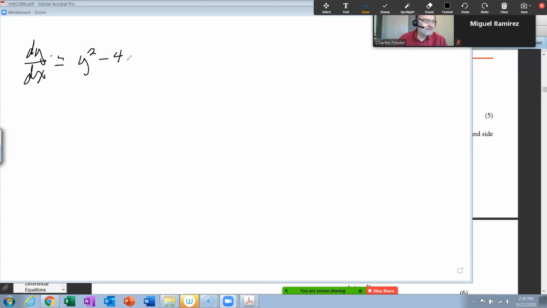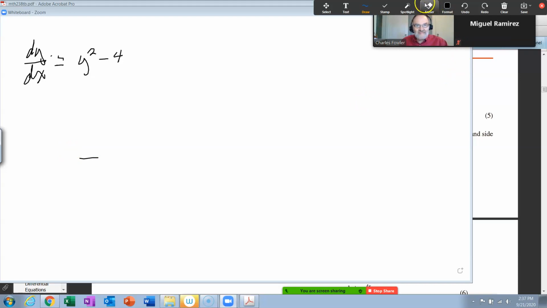Now, if you remember back in 2.1, we would have called this an autonomous differential equation because there aren't any of the independent variable x.